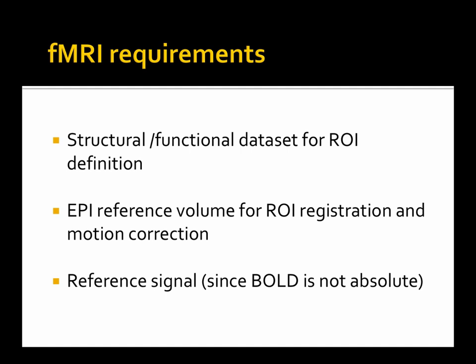So we set up in the scanner the reference for the motion correction, the volume where we define the region, and that's usually in this functional data set that we register to the structural, wherever we define this ROI. And then regardless of the run, we always refer back to that.